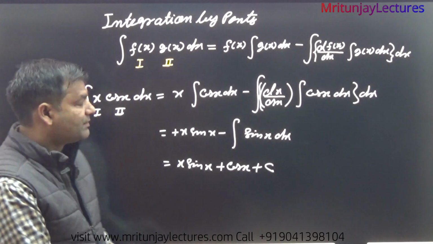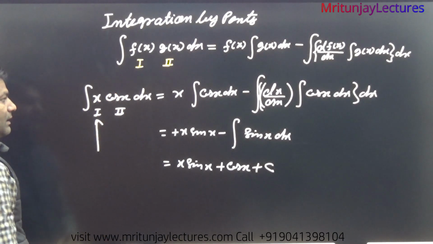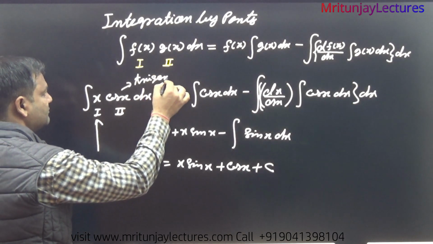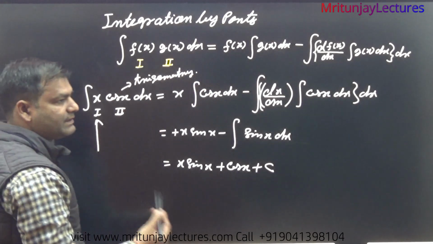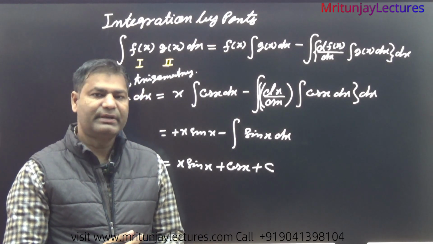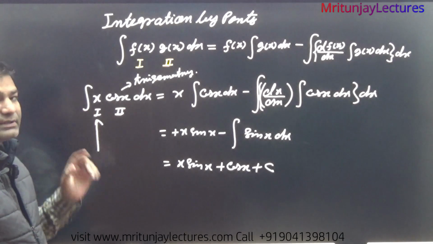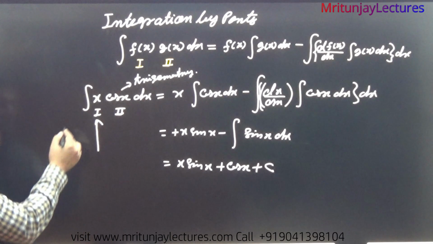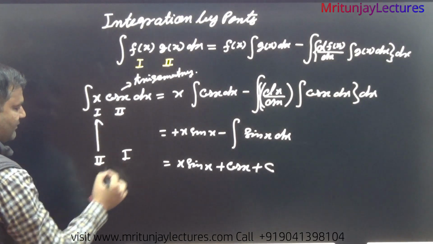If you see here, if a polynomial is given like that and here a trigonometric form, trigonometry means cos, sin, tan, cot, cosec x, sec x, then the polynomial is always taken as the first function. Otherwise, if anyone takes, sir, I have taken this one as the second function and that one as the first function.